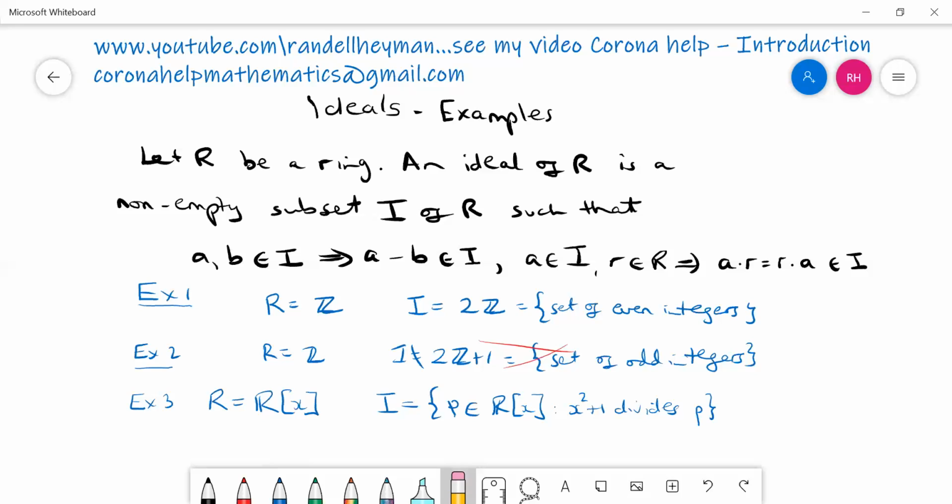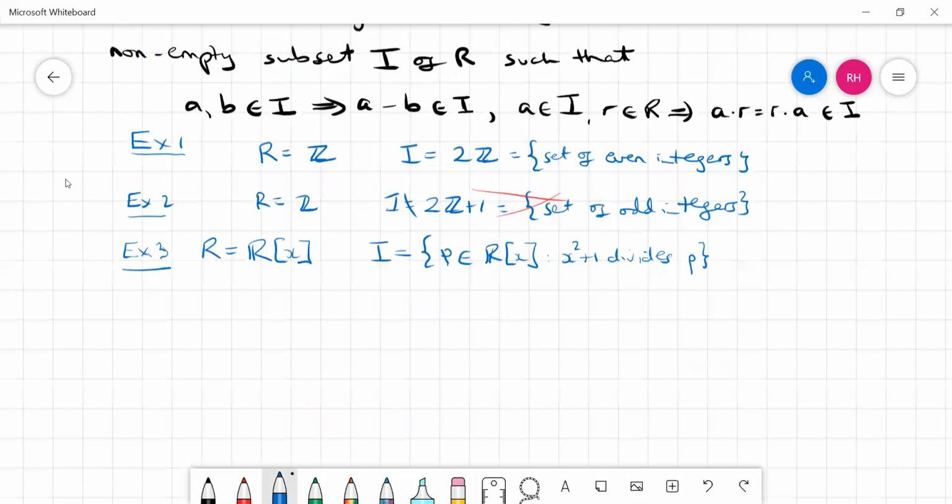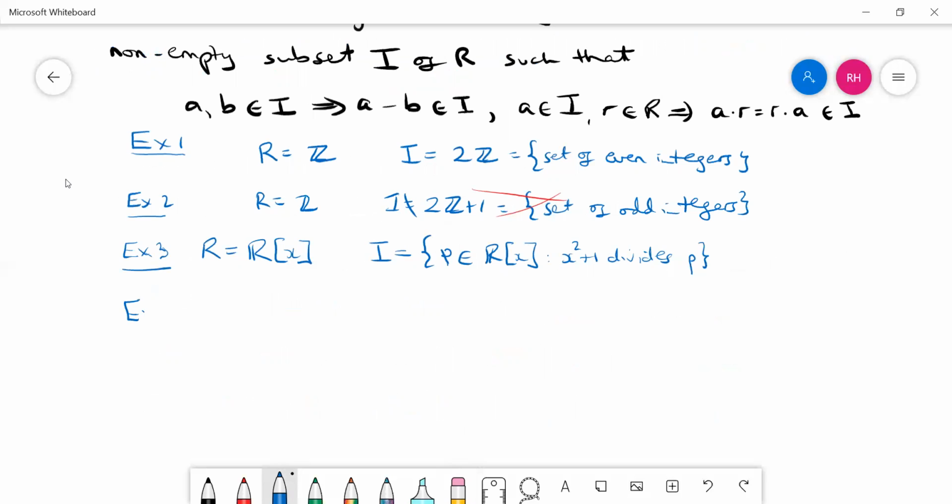And then finally, I'll do a final example. Let's do this one. Let's call R equals the continuous functions from the reals to the reals. So you might like to think of this as anything that goes from the reals to the reals, you know, y equals x cubed or something like that.